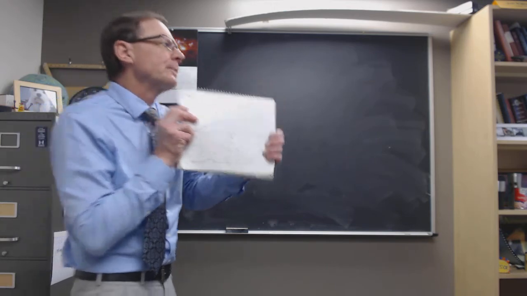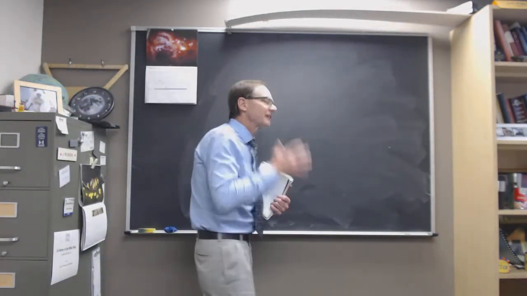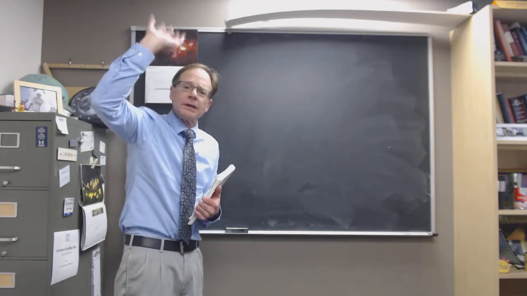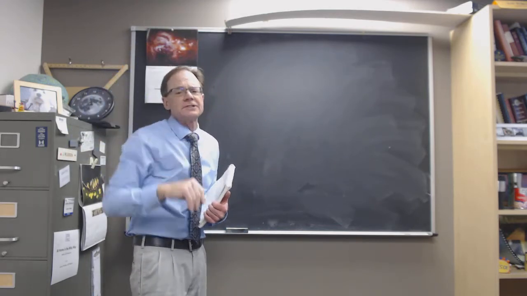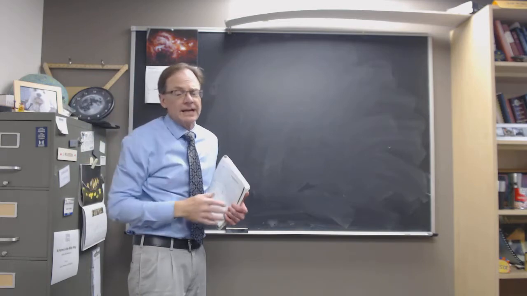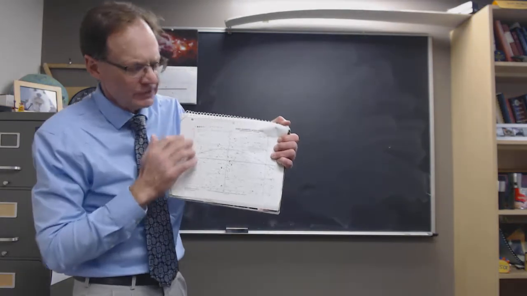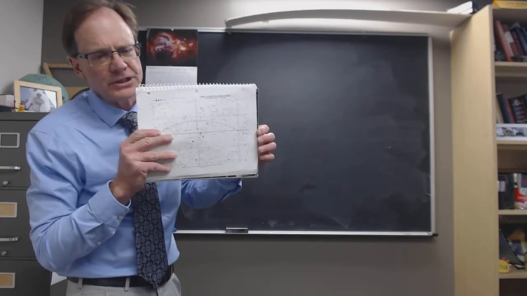Because when we look at the sky, that's the celestial sphere we're talking about. And when we look at the inside of the celestial sphere, it's curved, and so the projection onto a flat page would cause curvature here that would be challenging.